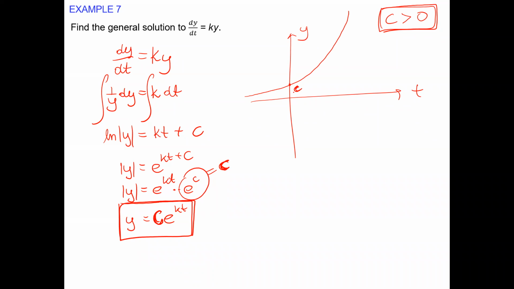That's the initial value, because if time is 0, e to the power of 0 is 1. The initial value will be the constant c. This is when k is positive. If k is negative, then we have decay. Both of them are supposed to intersect here.